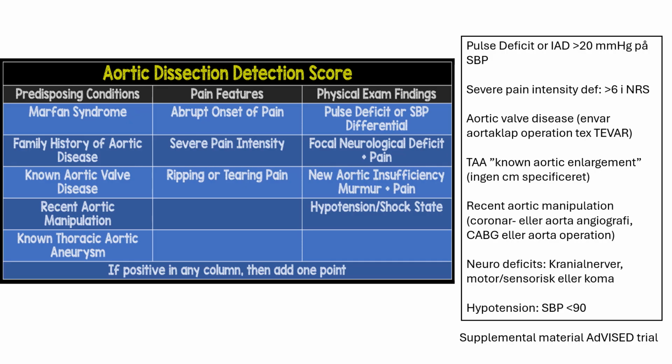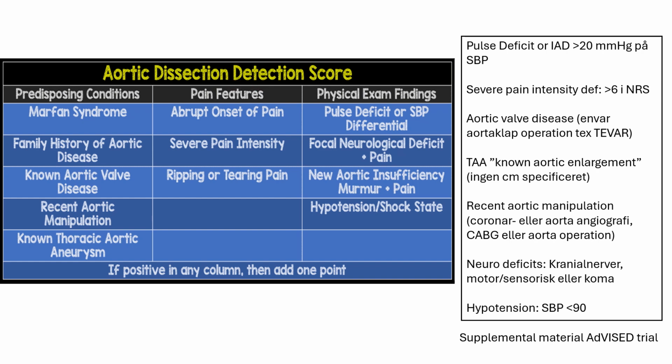So this ADvISED study assesses the pretest probability via a score called the Aortic Dissection Detection Risk Score, or the ADD-RS.